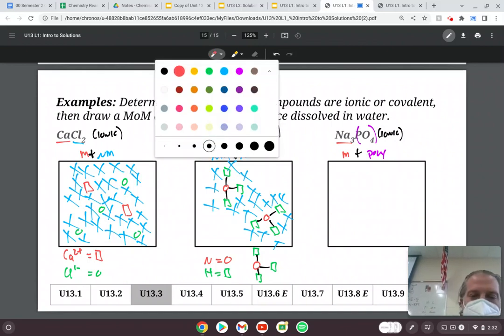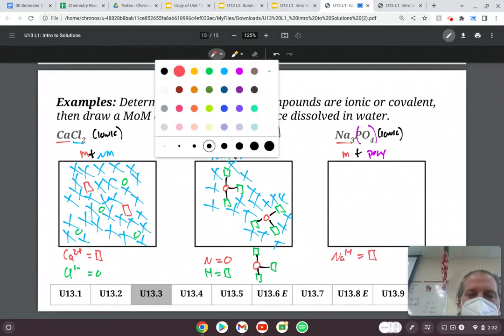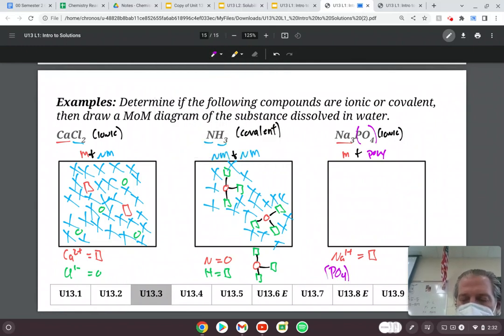And then our last example here, we have sodium, which is a +1, which I'll probably make a square. And our polyatomic ion, which we used to draw as 1 unit, we're still going to draw as 1 unit. So I'm going to make that a triangle. So the ratio here is 3 sodiums for every 1 phosphate. So I'm going to do a couple of phosphates here.